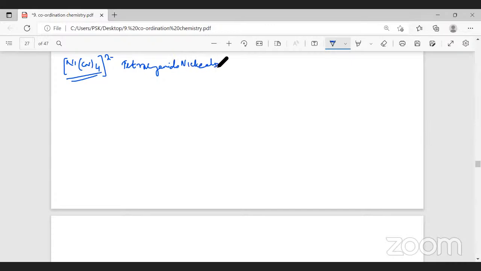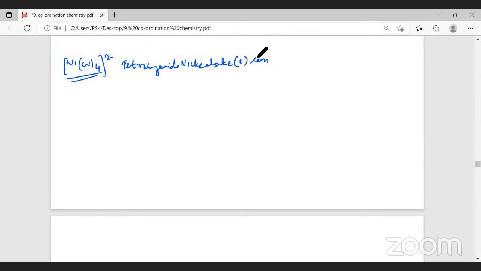Because it's an anionic complex, it is nickelate, and the oxidation number is 2. Tetracyanidonickelate(II) ion is the IUPAC name of this complex. We'll try to understand the structure of this complex.